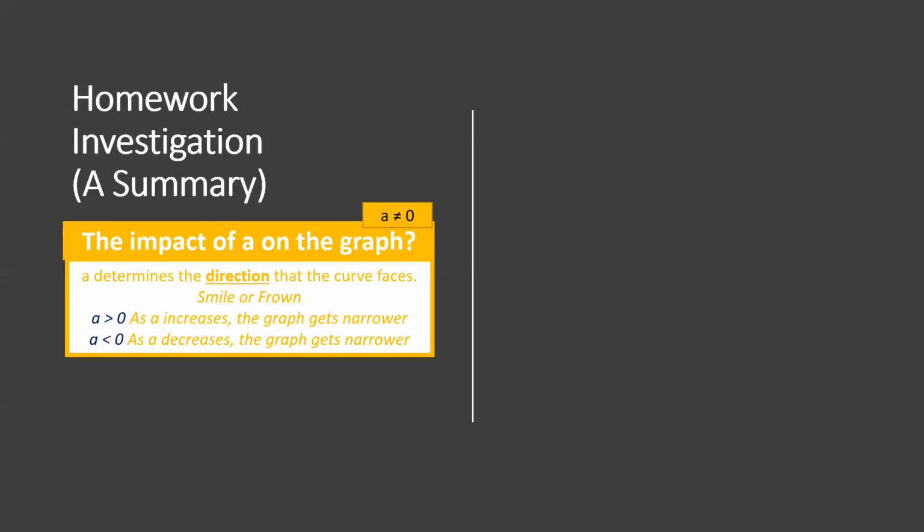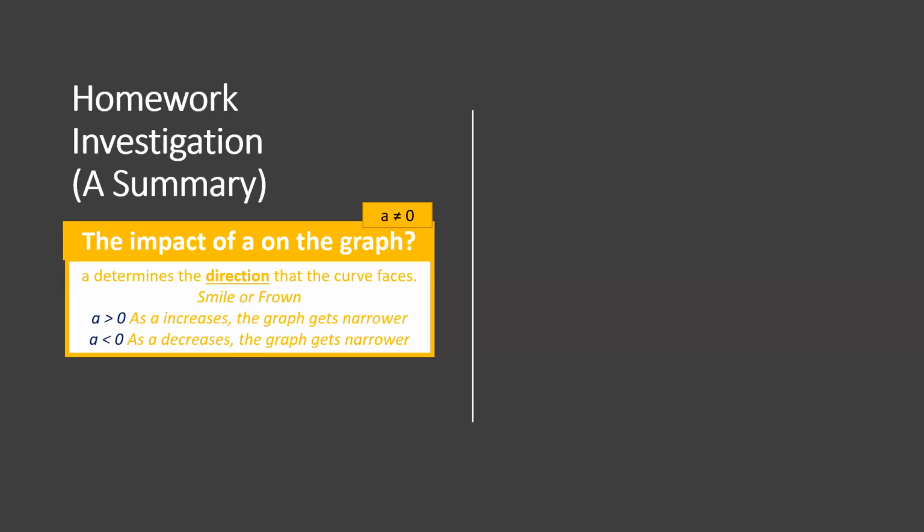Let's think about that. When A is positive, your graph gets narrower as A increases. So what I'm saying is your extensions to your left and your right come closer together towards your y-axis when A increases.